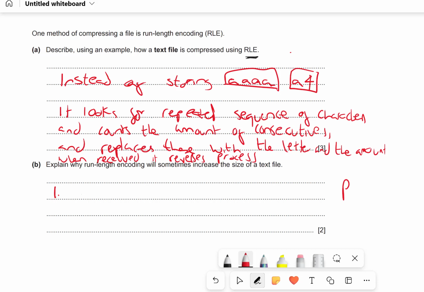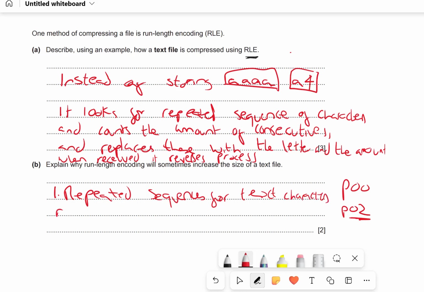So like when we had pool, and we could do, okay, P, and then we do O2 for 2 O's, it's the same amount. So repeated sequences for text characters, I'm going to put characters here, rarely occurs.